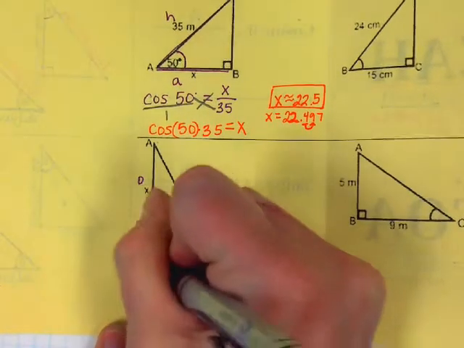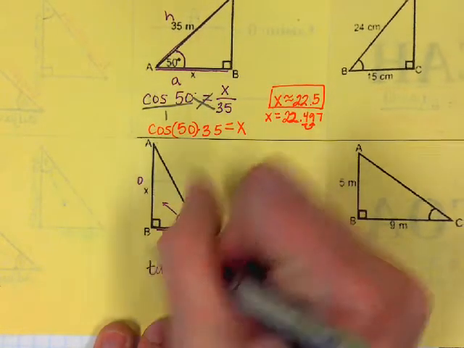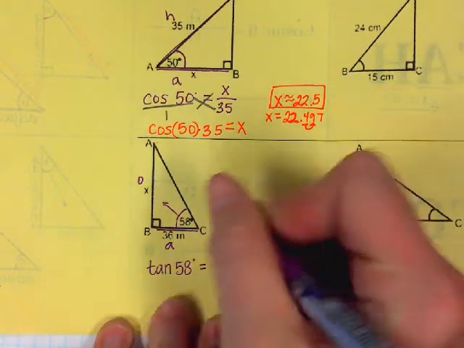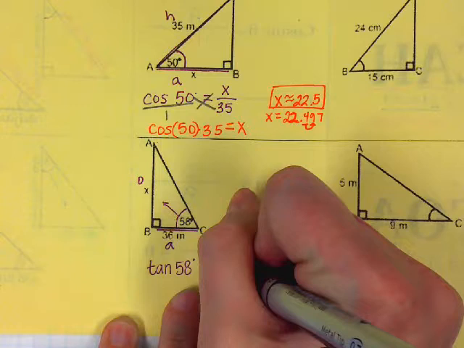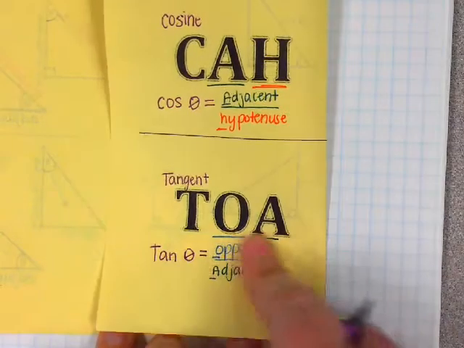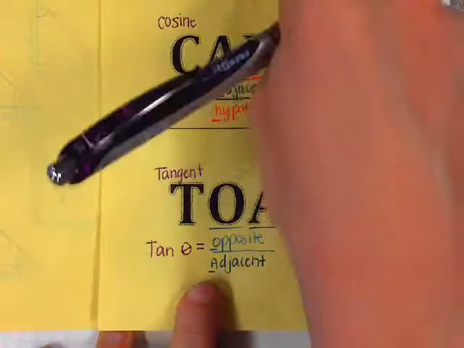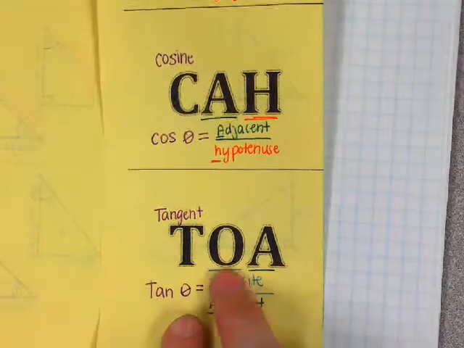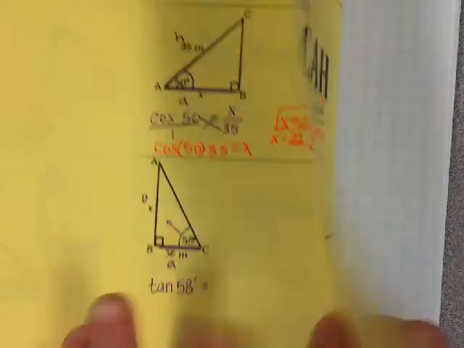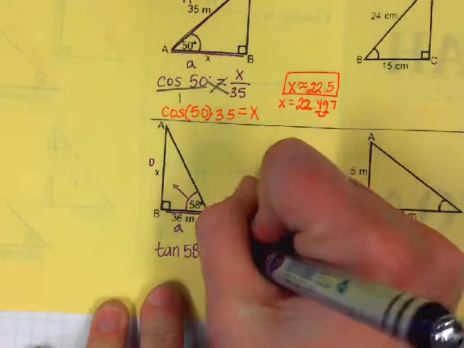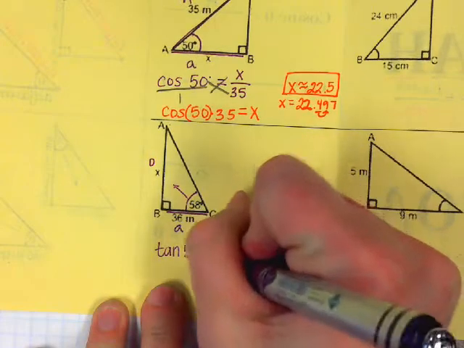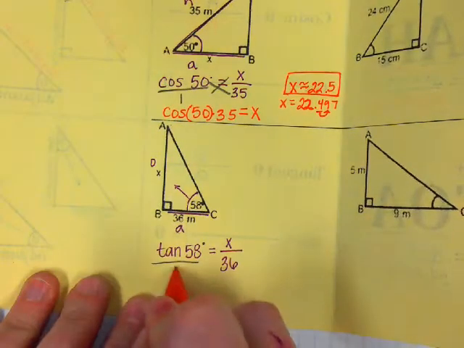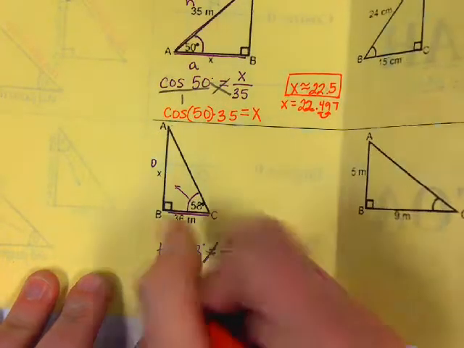So I know that it has to be tangent, TOA, O over A. So it would be tangent of the angle measure, so 58 degrees, equals opposite over adjacent. If you use hypotenuse, hypotenuse is always on the bottom, but this one is always a little bit confusing, so you have to do opposite over adjacent. So it would be x over 36.